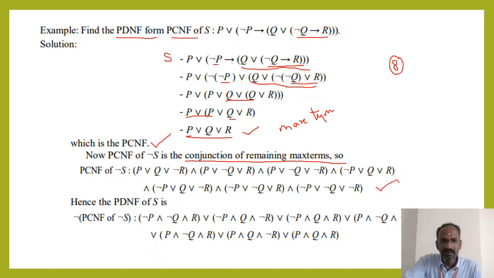This remaining seven max terms with negation again becomes the PDNF, that is the negation of the PCNF of negation of S. So we take the negation of each and every operator as well as the variable. The complete negated statement becomes the PDNF of the given statement.